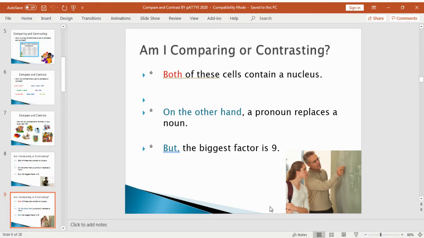Let's look at our last sentence with the signal word. The signal word was but. The biggest factor is 9. What does the word but tell us? Is it comparing or is it contrasting? If you said contrasting, you are correct. Now, looking at these three sentences, did you come up with a way that there is a signal for a synonym and an antonym?